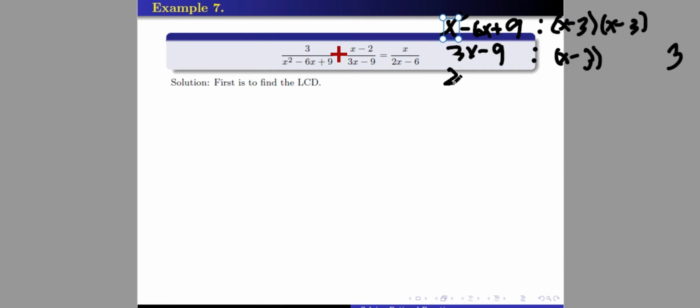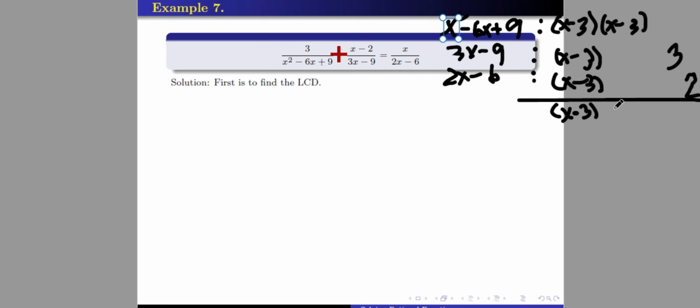And last, we have 2x minus 6. So we can factor out 2. So I will put it in another column. If we factor out 2, we're left with x. And then we factor out 2 from 6. 6 divided by 2 is 3. So we have negative 3. So our LCD therefore is x minus 3, and we'll have another x minus 3.